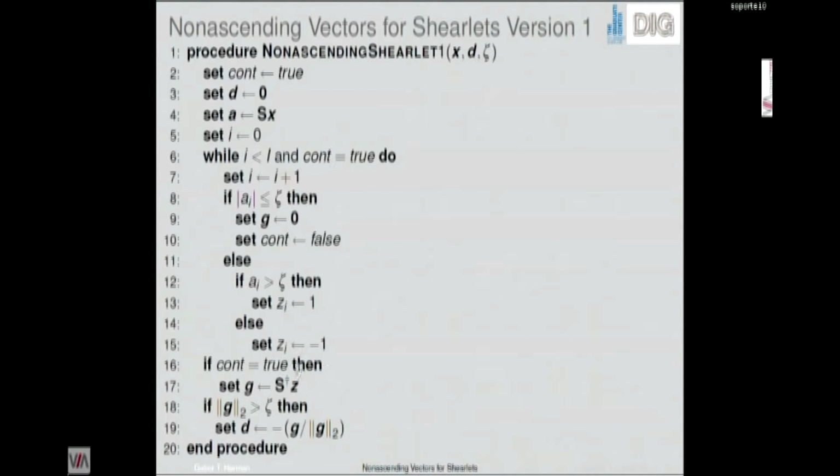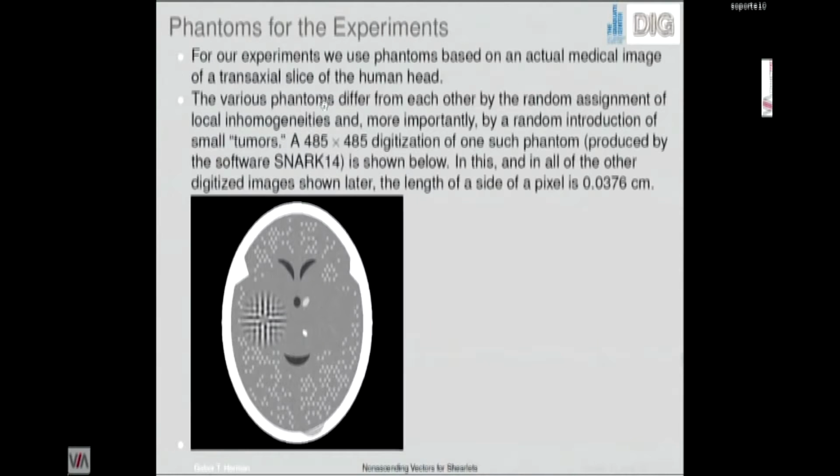It's even guaranteed under problems of limited accuracy of the computational procedure. I just make theta large enough to avoid all numerical problems. So this is a way of finding a non-ascending vector for the Shearlet transform.